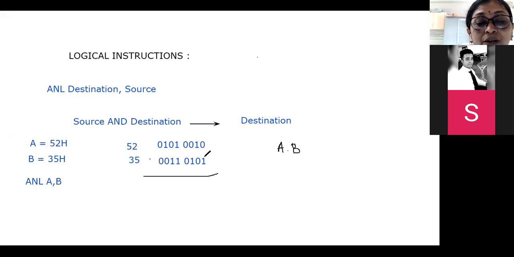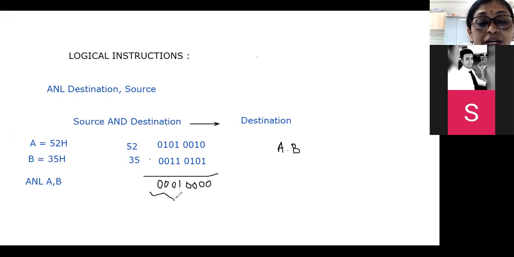So let us find the result. 0 into 1 is 0. 1 into 0 is 0. 0 into 1 is 0. 0 into 0 is 0. 1 into 1 is 1. 0 into 1 is 0. 1 into 0 is 0. 0 into 0 is 0.